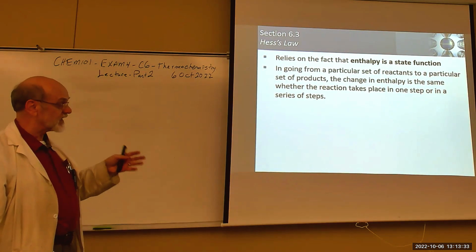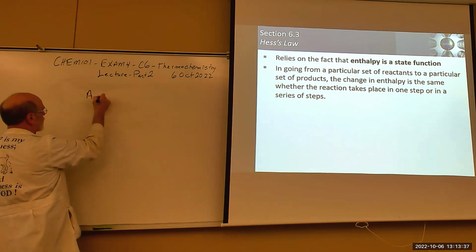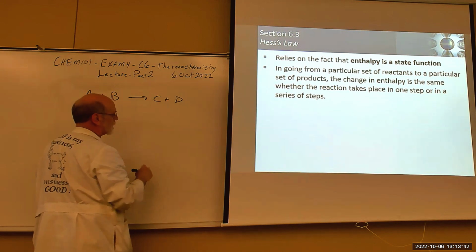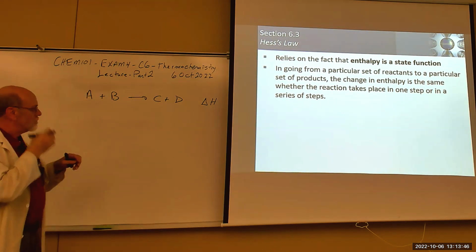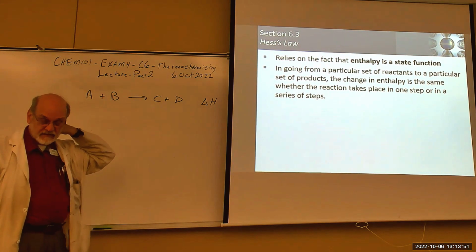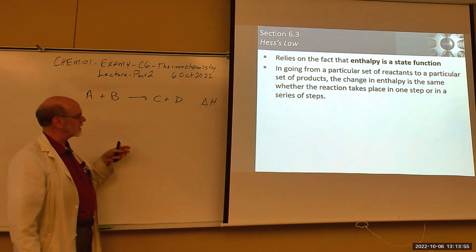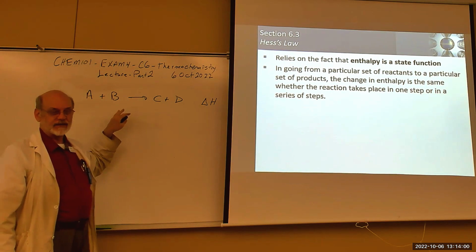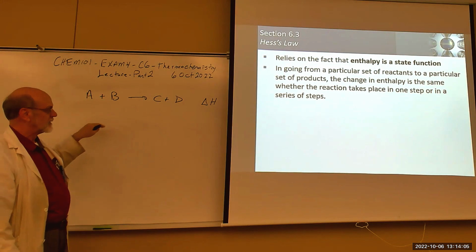And Hess's law just says that if we have a reaction, say A plus B yields C plus D, and we want to know the enthalpy of that reaction, but we don't want to perform it. Maybe it's too expensive. Maybe it's potentially hazardous, right? It could be extremely exothermic. So we want to do the calculations ahead of time to see if we need to take special precautions, right? Is it going to explode in our face?